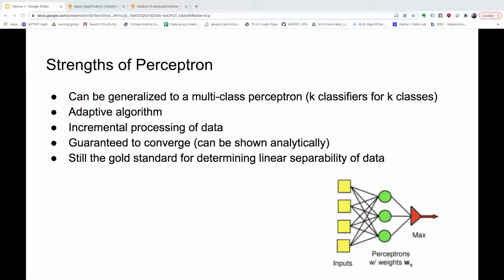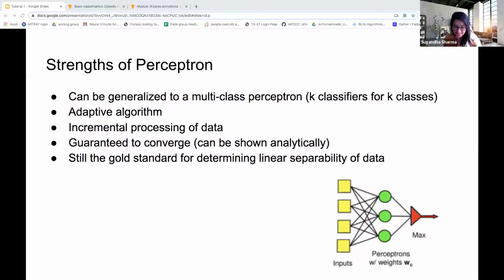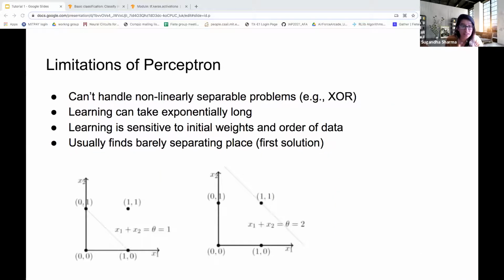We have lots of data sets that are not necessarily linearly separable. Exactly, yes. So that's one of the main weaknesses or limitations of perceptron. It cannot handle non-linearly separable problems.